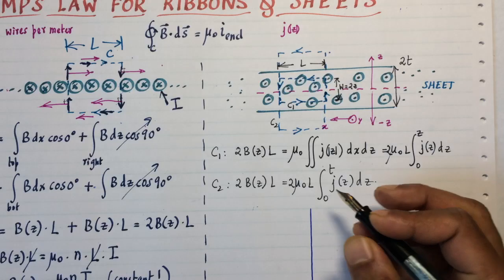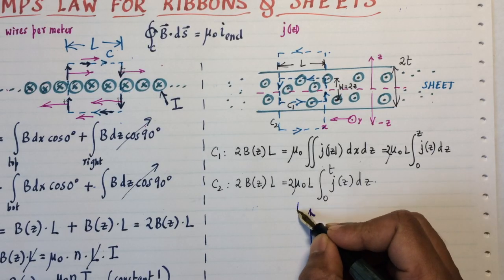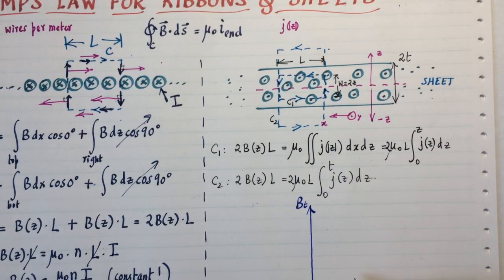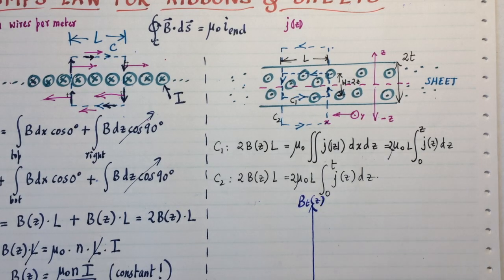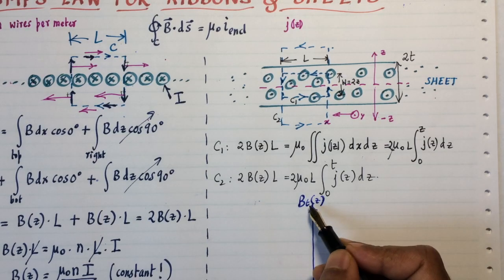Since I've not told you what j of z is, I cannot obviously be very honest about this. So B_t as a function of z. Actually, it's not tangential anymore.